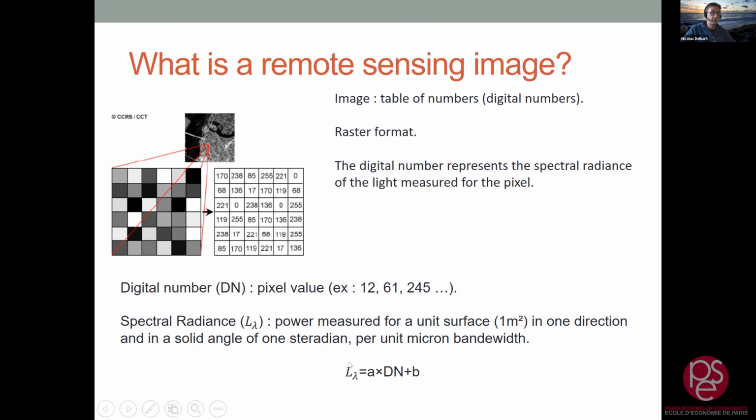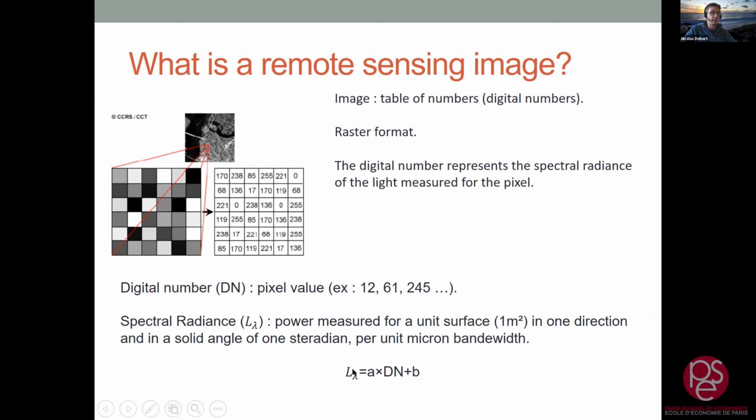The spectral radiance, L, is because in French, radiance is called luminance. It is a spectral radiance, so it is specified for one wavelength. So the spectral radiance is directly related to the digital number by multiplying by what is called the gain, represented by the letter A here, plus one offset, the letter B here.